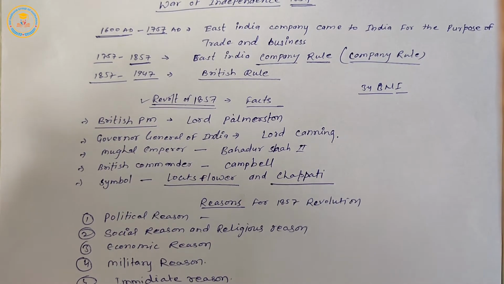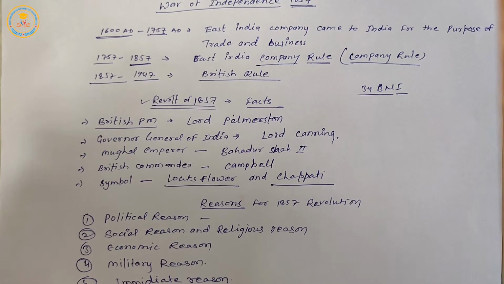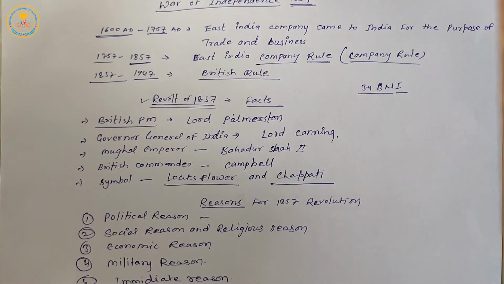Many kingdoms were annexed, like Satara in 1848, Sambalpur 1850, Udaipur 1852, Nagpur 1853, Jhansi 1854, and Awadh 1856.